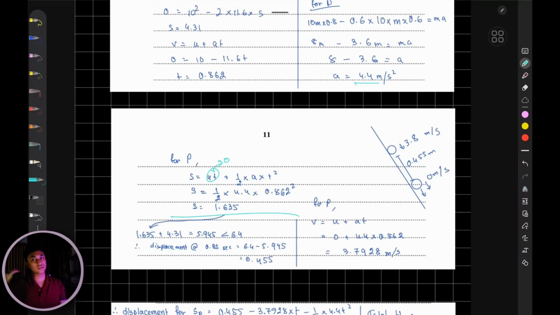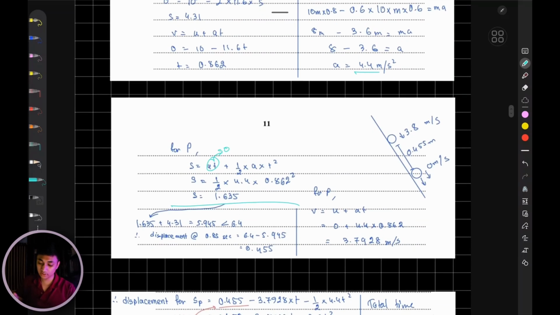Your time squared, t is 0.862 seconds. Great. So now calculate for displacement. That turns out to be half times acceleration times t squared, and this displacement turns out to be 1.635 meters.